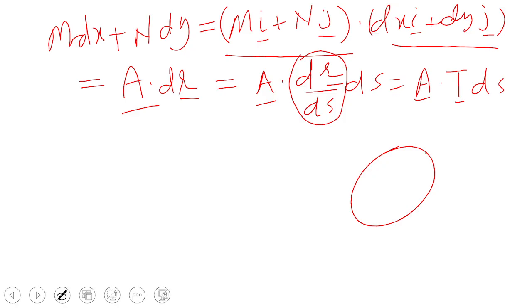At a certain point there is a unit tangent, and ds is an increment of this path, and A is a vector field in which we take this closed path. So, A is, you can say, the vector potential or vector field.